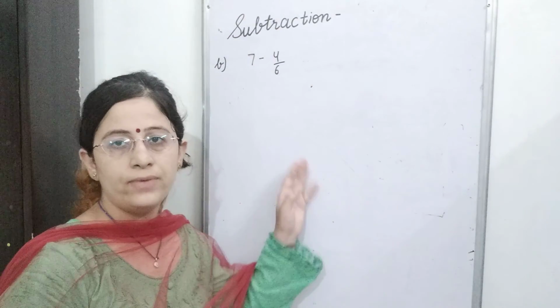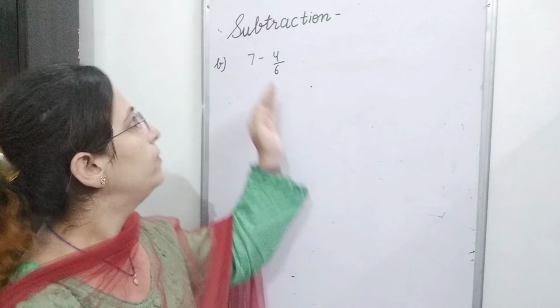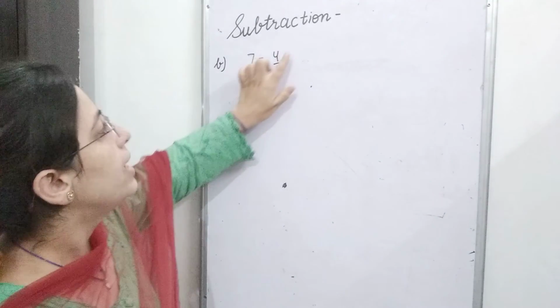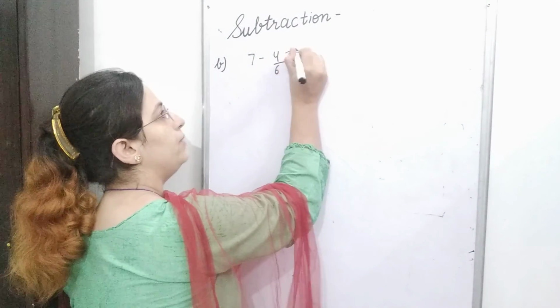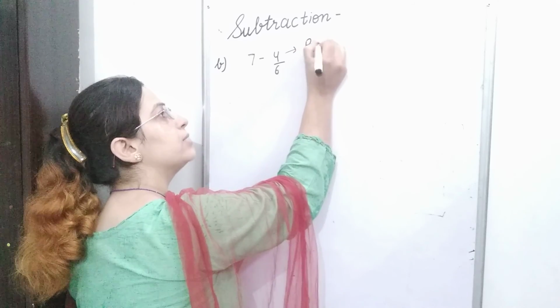Now we will solve one more example of the same type, when one number is a whole number and the other is a proper fraction. Why do we call it a proper fraction?